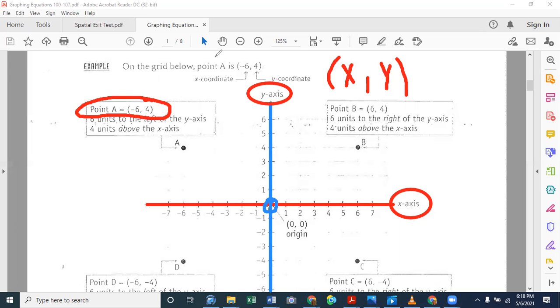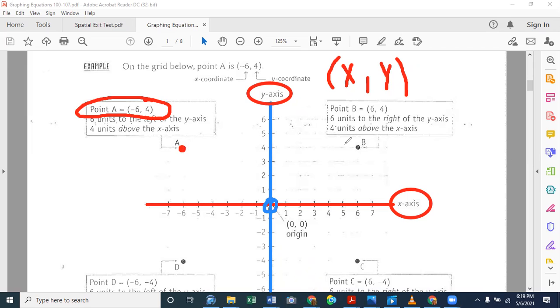So -6 would be 6 units to the left of 0. So 1, 2, 3, 4, 5, 6. And then the 4 represents how far up I go. Because it's positive, I'm going 4 up. 1, 2, 3, 4. And you'll notice that right here is plotted the point.